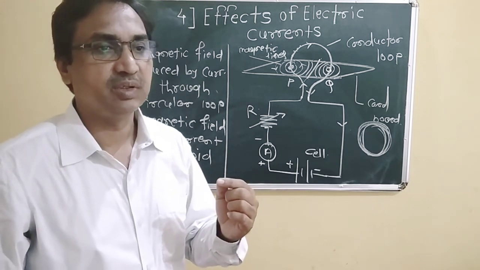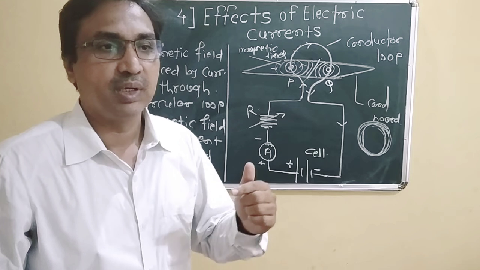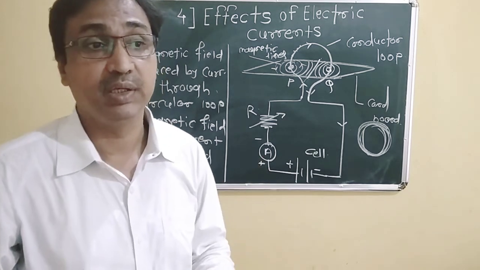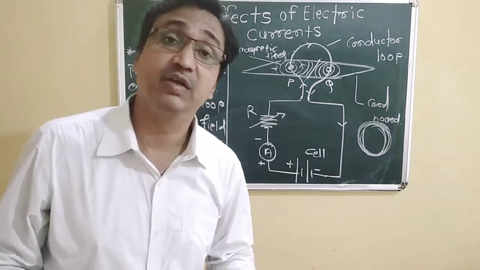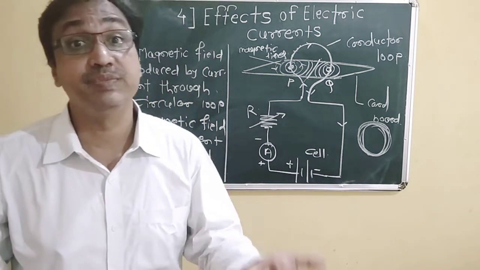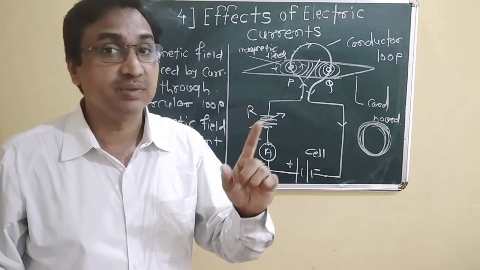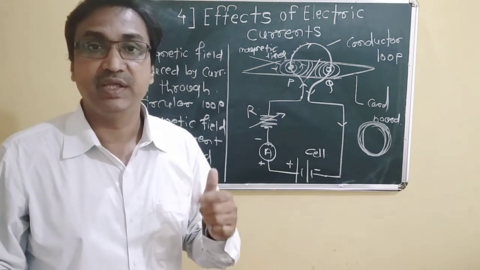if we increase the number of turns, automatically the intensity of the magnetic field also increases by n times. If the number of turns is 1, then the intensity is 1.